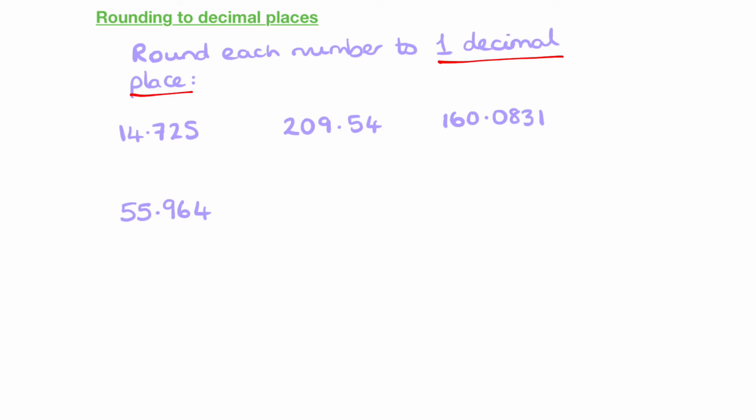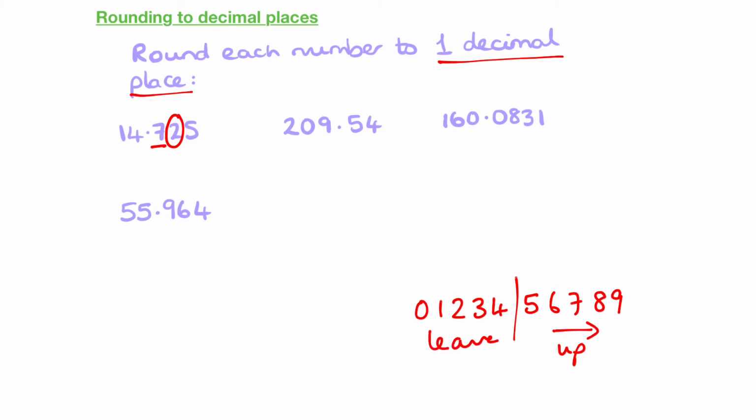So that's the one that follows the decimal point. So in this case, it's 7. So when we've finished rounding this, it's either going to say 14.7 or 14.8. And it's the 2 that tells us whether we leave the 7 as it is or move it up to an 8. And I'll just remind us of our rounding rule.